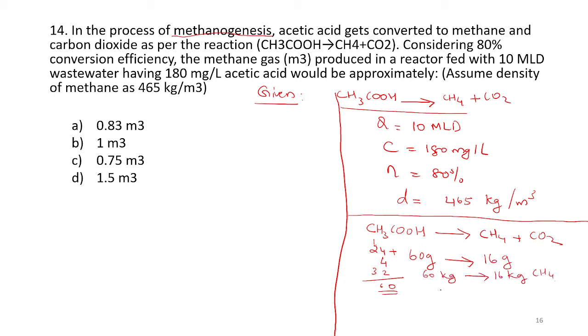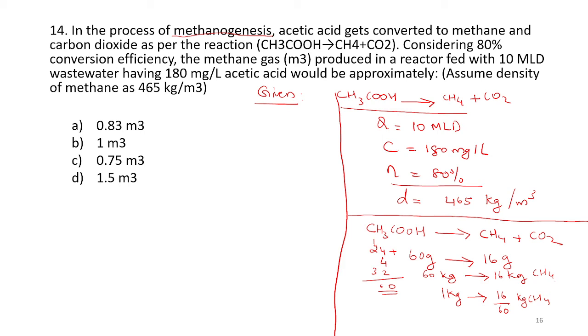However, usually 1 kg of acetic acid, when it is treated, will give 16 by 60 kg methane. However, conversion efficiency is given as 80%. Therefore, for the entire 1 kg, we expect 16 by 60 kg of methane. However, in the actual case, 1 kg of acetic acid will be converted to 0.8 into 16 by 60.